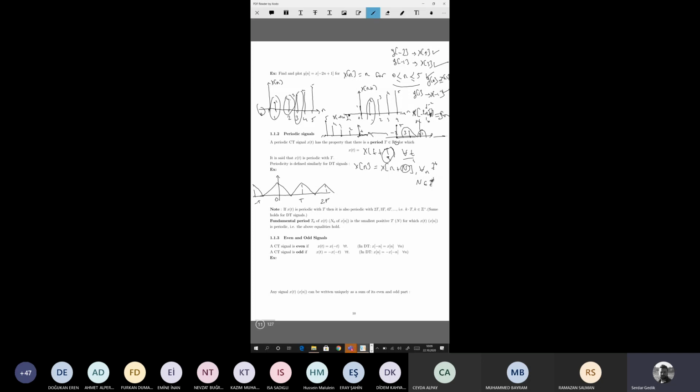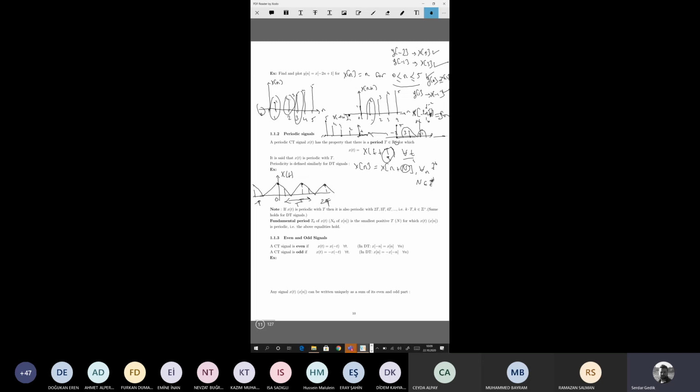So this is capital T. These are capital T, by the way. This is my x of t. And please note that x of t is actually a periodic signal. The value at 0 is equal to the value at T. It's equal to the value at 2T. Or the value here is equal to the value here. And the difference is simply T. Okay? This is my periodic signal, a continuous time periodic signal.